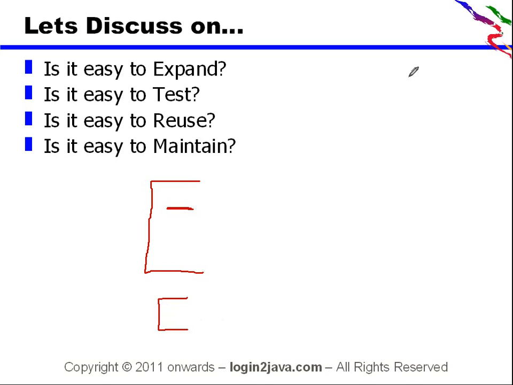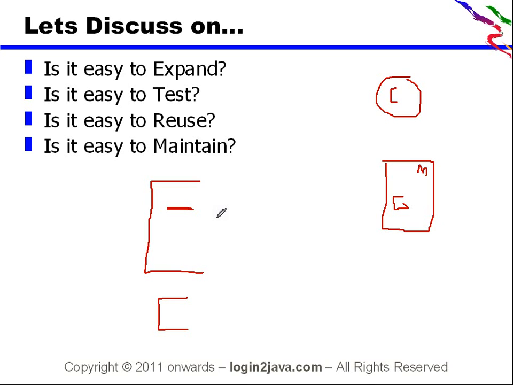Or it can be a separate package altogether where you can have your class, or you can have a separate module as a jar where you can have this class, right?